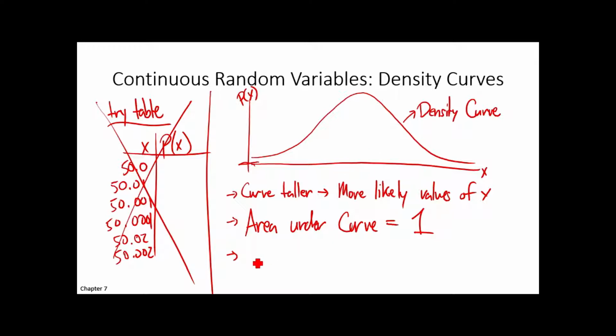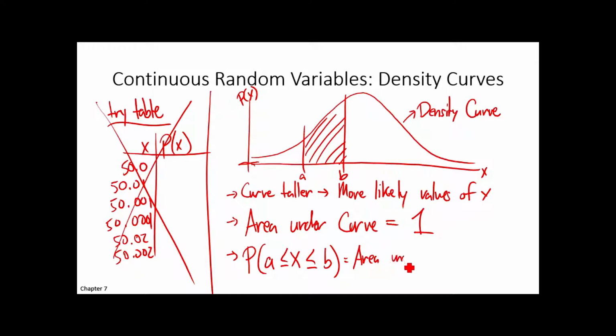And if you want to calculate the probability that, say, a continuous random variable is between 2 points, say A and B, then it's going to be the area under the curve between A and B. Okay?